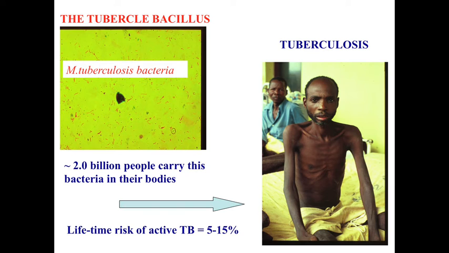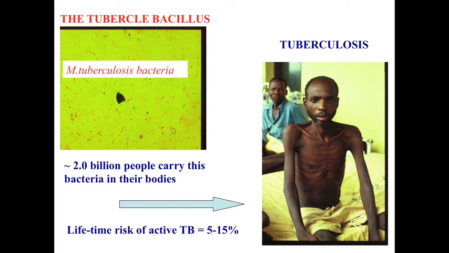So what about the interaction between these two diseases? Now, we heard earlier this morning that the number of people carrying MTB is 2 billion, maybe a bit less, maybe 1.5 billion. And we know that those people have a lifetime risk of getting active TB that is about 5%, maybe up to 15%, the risk being highest in the first 1 year or 2 years after infection.